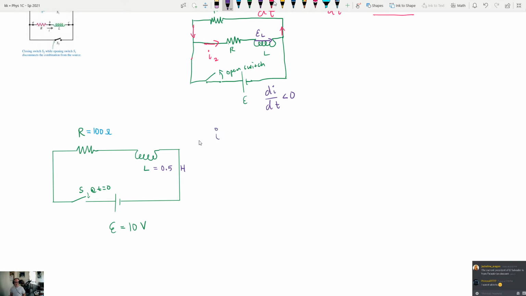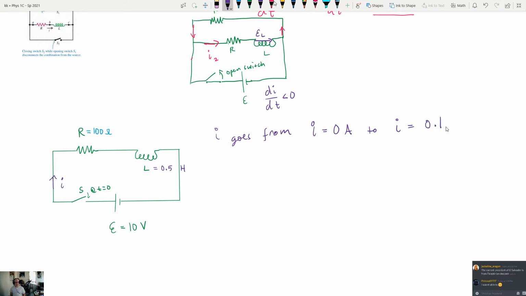Okay, so let's say that the current goes from I equal to 0 amps to I equal to the maximum current, which in this case would be 10 over 100, right? So 10 divided by 100 is 0.1.